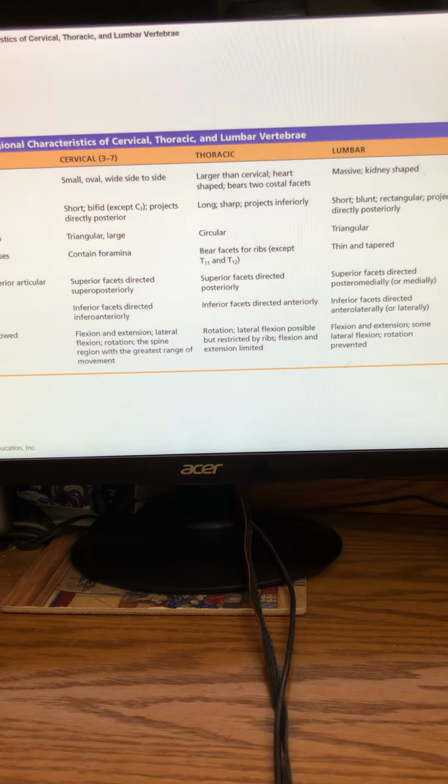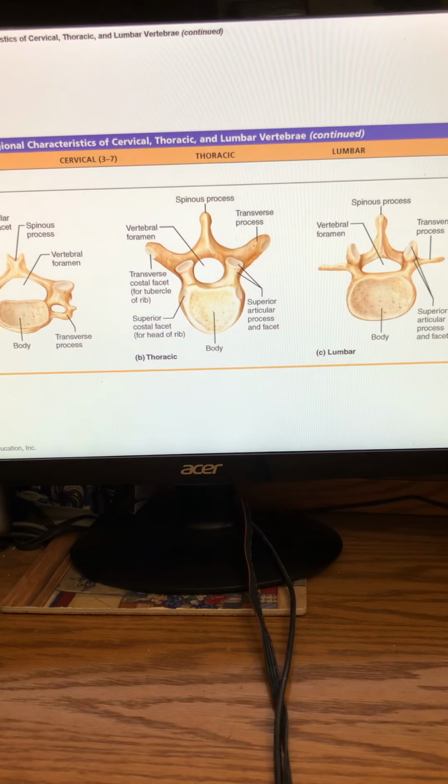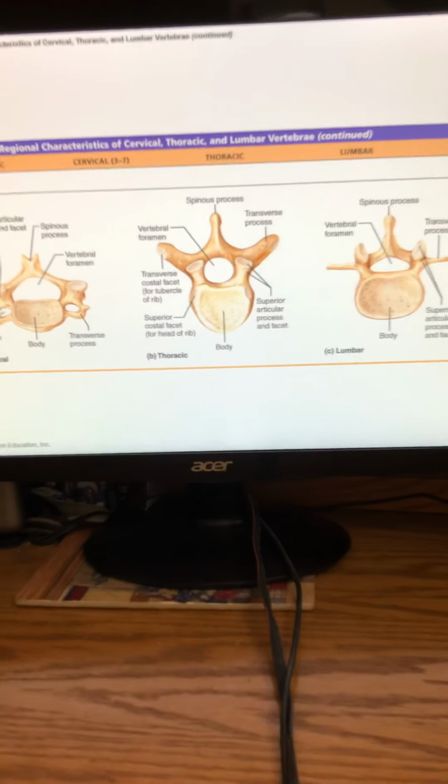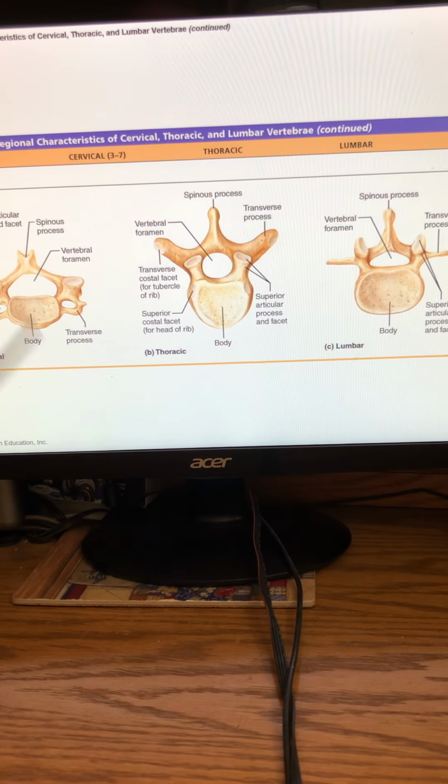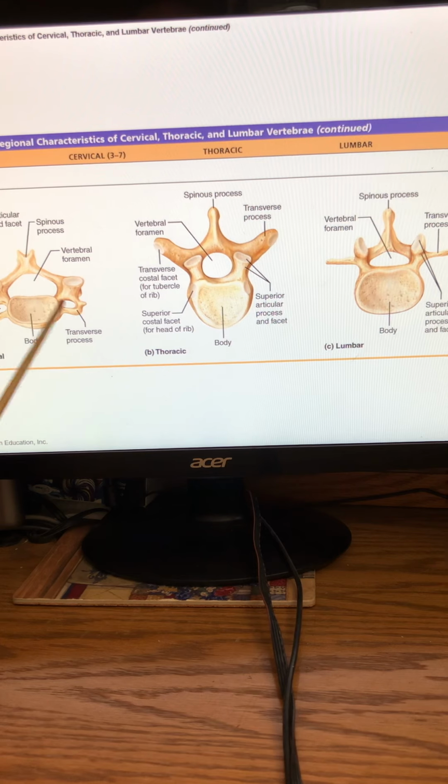So I'm just going to tell you about each cervical, thoracic, and lumbar region because they all are uniquely different. So if you want to think of the spine as supporting your head, the cervical region is going to be the smallest. It is also going to have a bifid spinous process, and it's also going to have a transverse foramen, a hole in the transverse process.